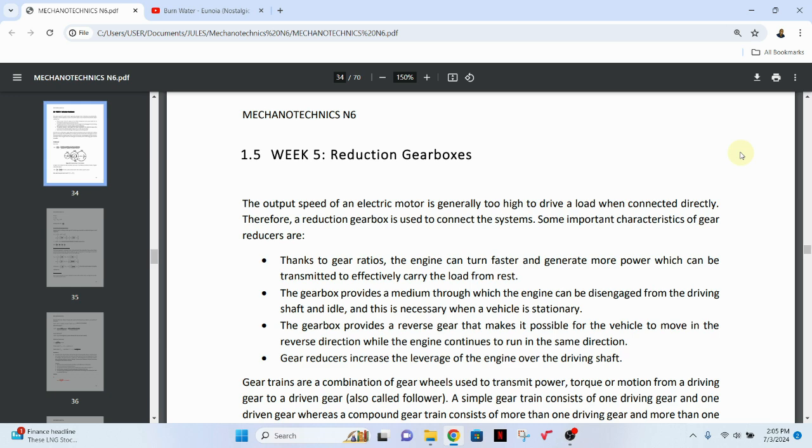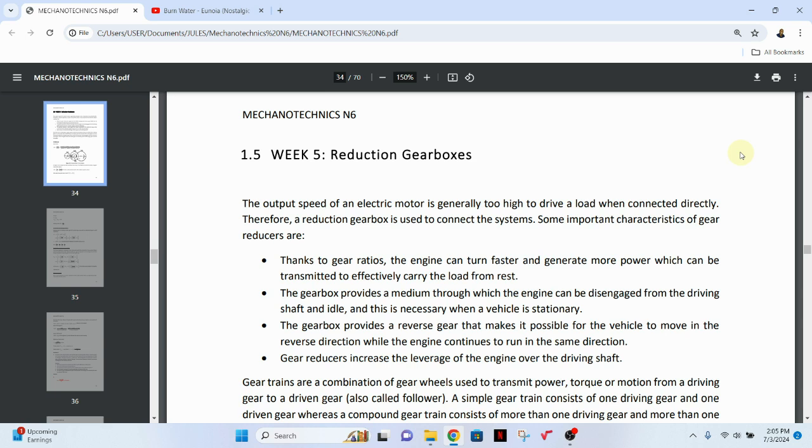Okay, if the engine was all by itself and directly connected to the wheels, you wouldn't be able to change the torque output. Okay, so basically, if you reduce the speed, okay, meaning if you pick one of the lower gears, the output speed is low, but the torque is high. And then you have situations where maybe you're driving on a flat surface and you want to move really fast.